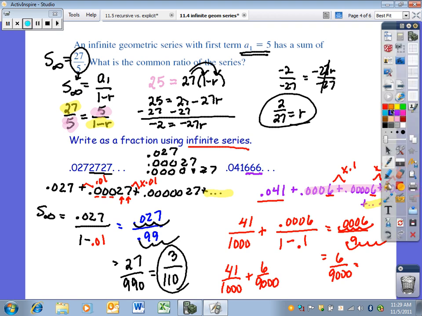So if I multiply both of these by 9, I will have them in 9,000s.